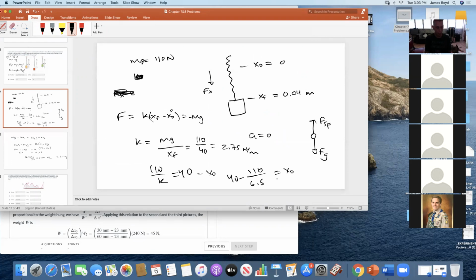That should give me 23. 40 minus 110 divided by 6.5 is 23.07 millimeters.